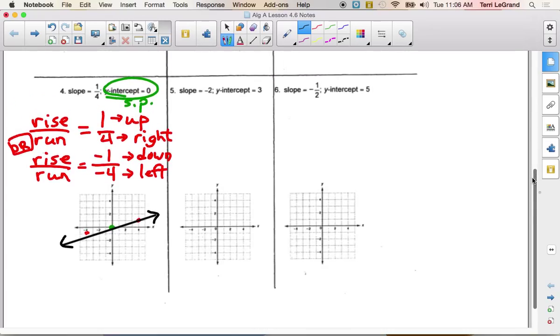Okay, so let's set you loose on number 5 on your own. You're gonna get everything set up. Identify your starting point.